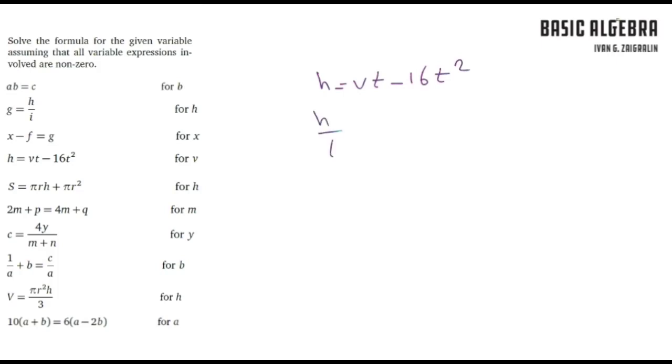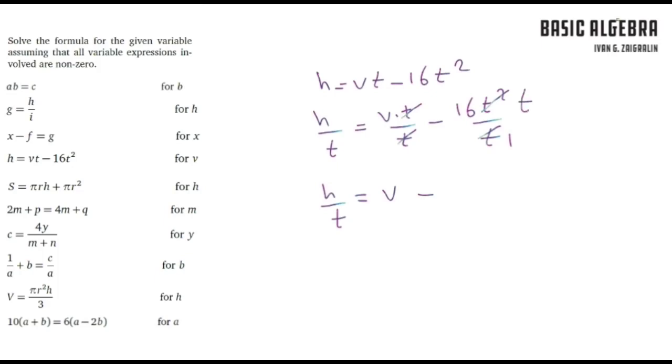H over t equals V times t over t minus 16t squared over t. So H over t equals, this t goes with this t, V minus, and this t is 1, and this t squared is t.